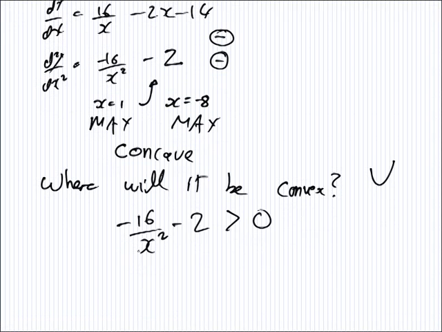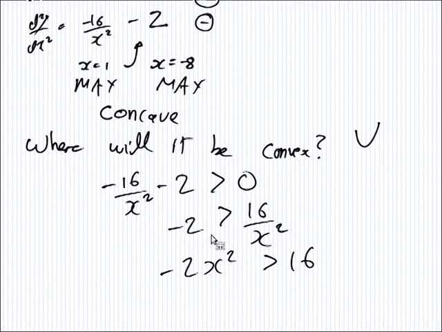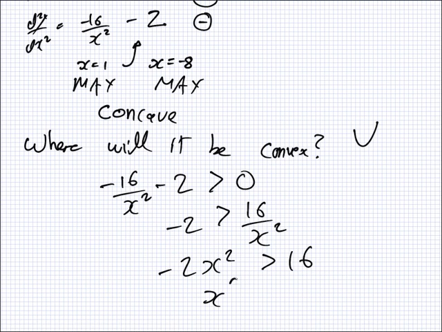So what will I do first? I'll take this over. And I get this. Okay, and then maybe I could multiply across. And I get this. What should I do next? And what will it become? X squared less than minus 8.